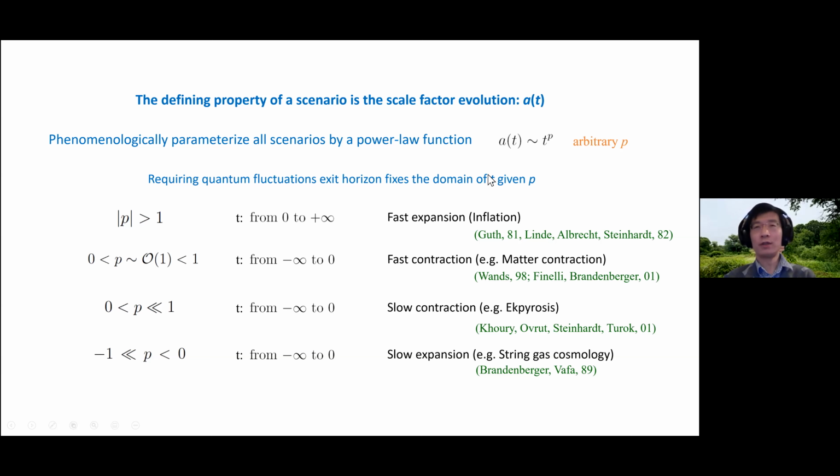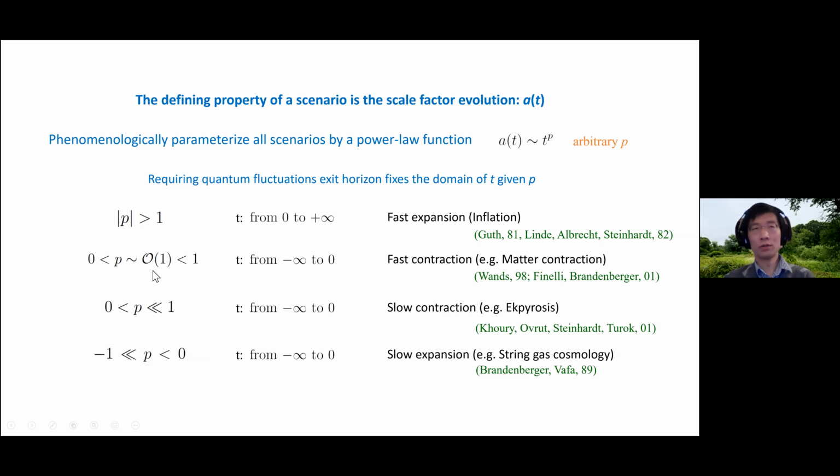Basically, we fix the domain of t given a value of p. For example, the familiar inflation corresponds to the absolute value of p larger than 1, and requiring quantum fluctuations to exit the horizon fixes the time to run from 0 to infinity. If p is of order 1 but positive and less than 1, we have fast contraction scenarios, such as matter contraction.